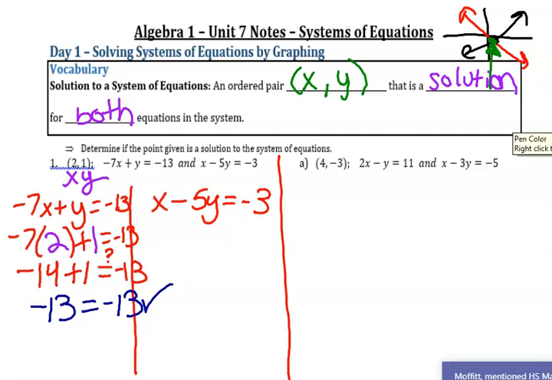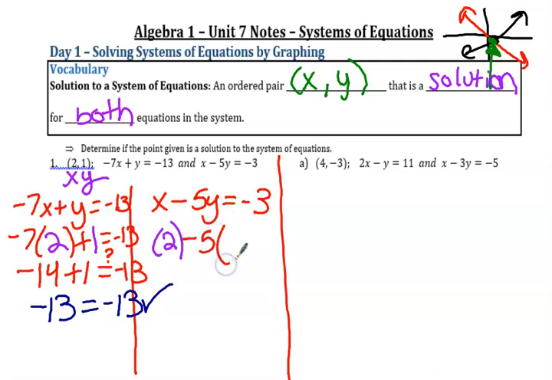All right, let's try it for the next one. What is my x? My x is 2. My y is 1. I'm plugging in the x and the y and seeing if the two sides equal. So I have 2, I'm going to bring that down. Then minus, well, negative 5 times 1 is negative 5.